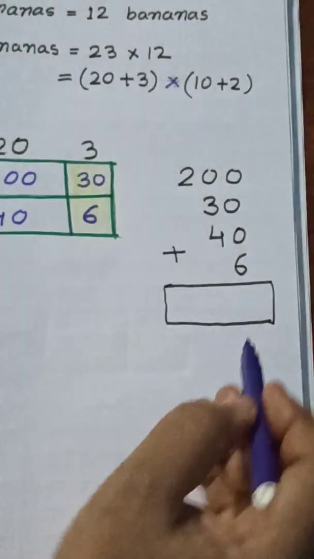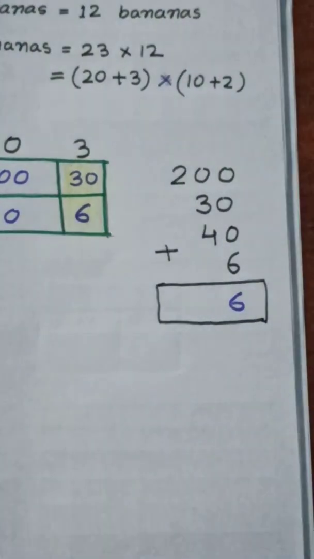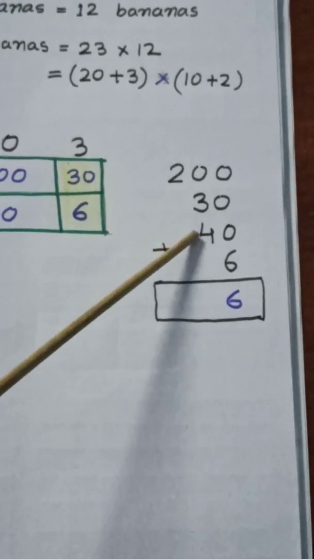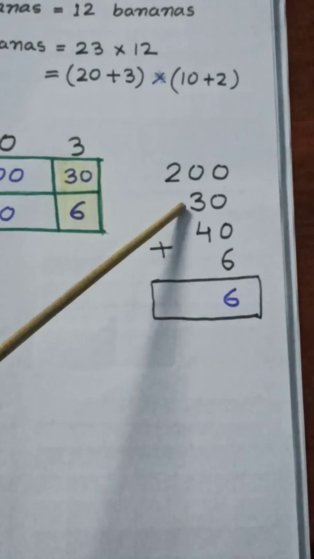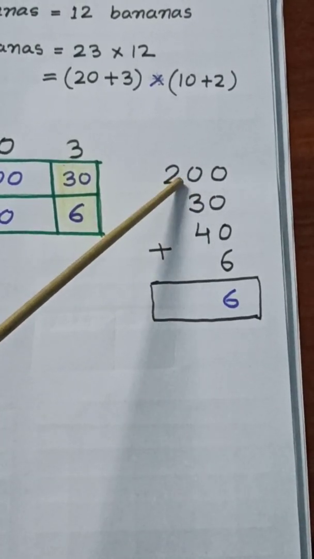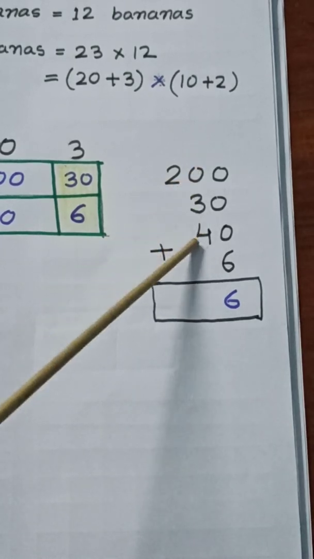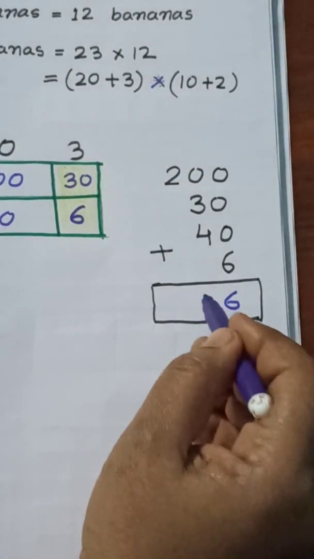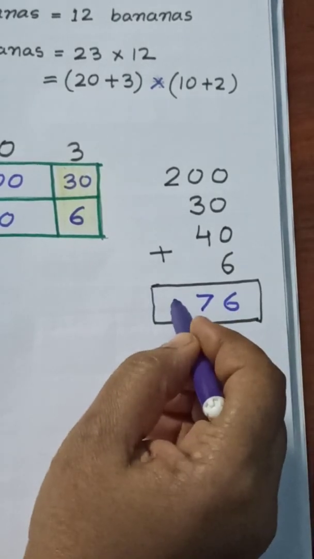Now we add the numbers which are on tens place. So here is 4 plus 3. 4 plus 3 is 7. And 7 plus 0 is 7, same number. So here we will write 7. And now we see the hundreds place, that is 2.